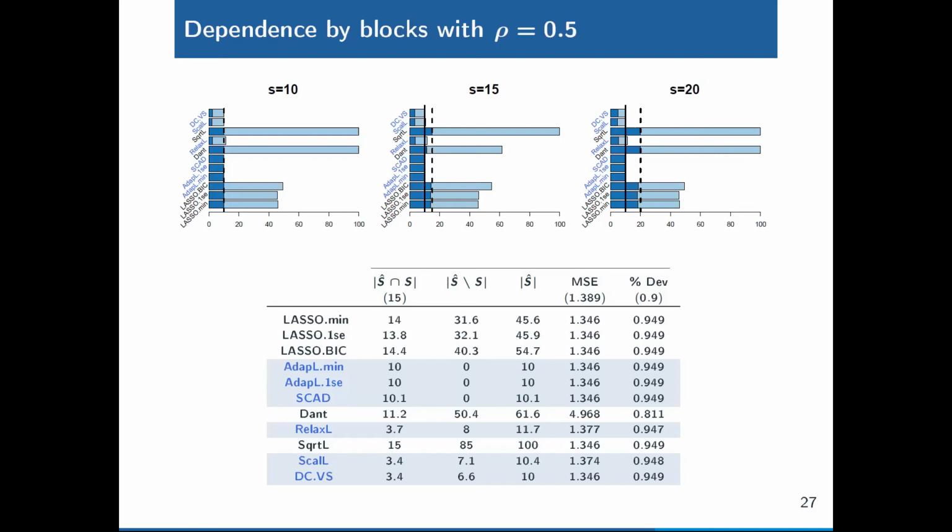Besides, we have to make one more distinction. We can see as only the adaptive lasso versions and the SCAD are able to select 10 out of the S relevant covariates. But other ones, such as the relaxed lasso, scaled lasso, or distance covariance for variable selection, interchange relevant covariates with noisy ones.